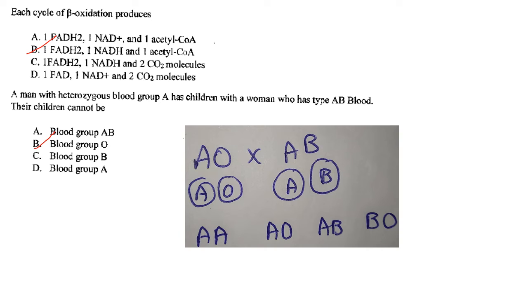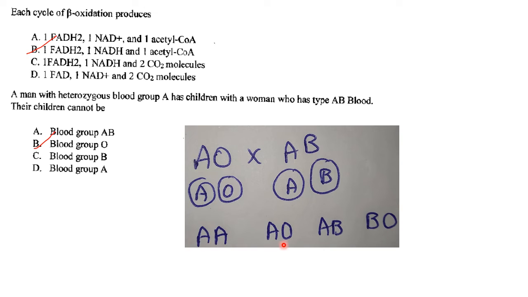A man with heterozygous blood group A has children with a woman who has blood type AB. So the man is heterozygous for A, so its genotype will be AO, and the woman is AB. These are the gametes produced by the man and these are by the woman, and you get these as offspring.